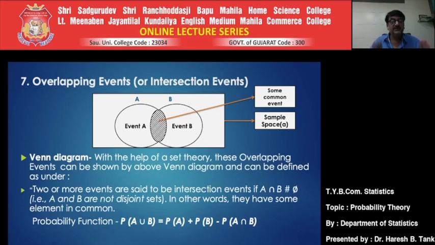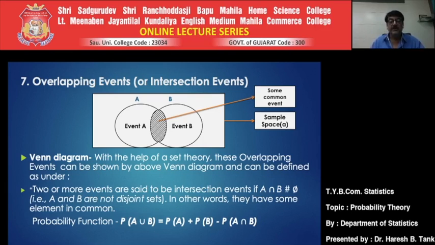In other words, they have something which is common. Where this is likely to affect, again, as we have seen in the last slide, is the addition rule of probability.